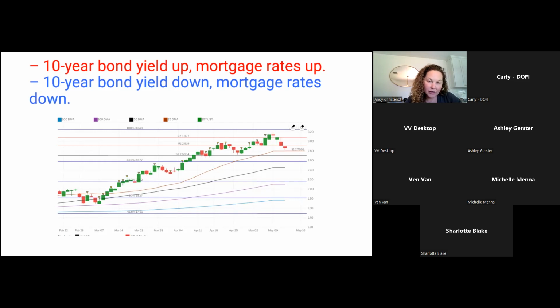When the 10-year treasury is up, or the 10-year bond yield is up, that means mortgage rates are up. When the 10-year bond yield is down, mortgage rates are down. So you can see here, starting back in February, it went a little bit up, and then it came down, and then we've been on a very, very steady increase since February, since before this actually.